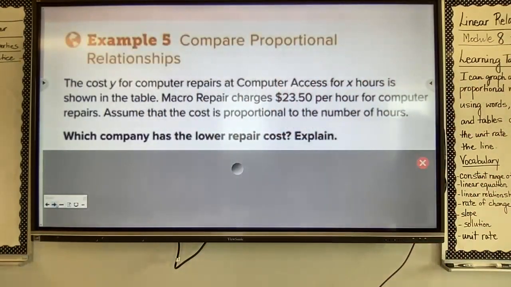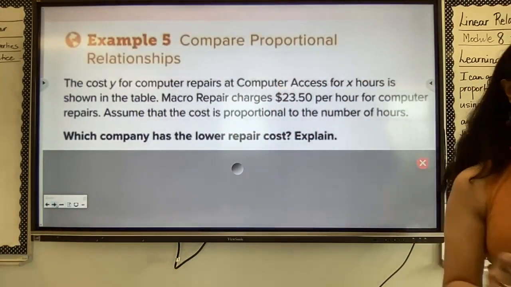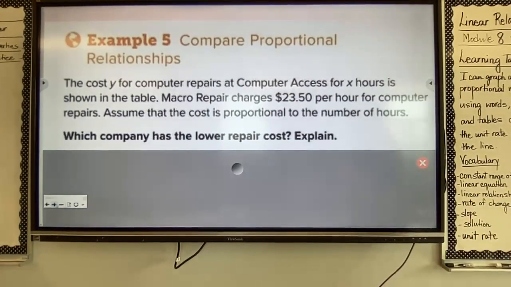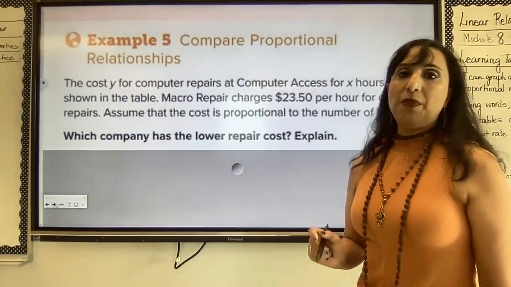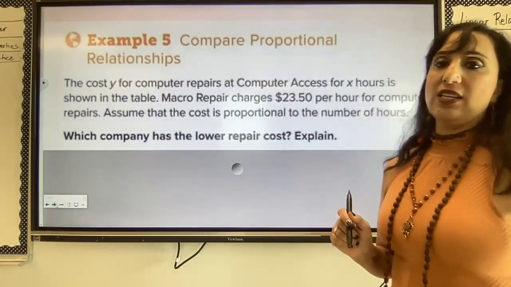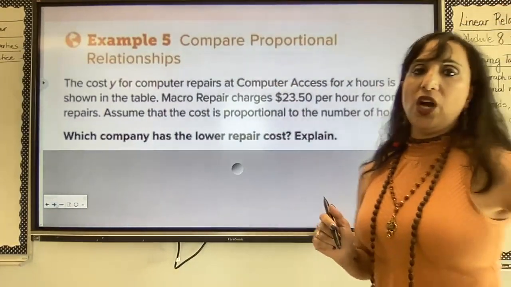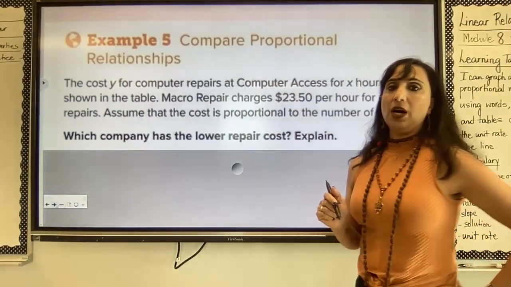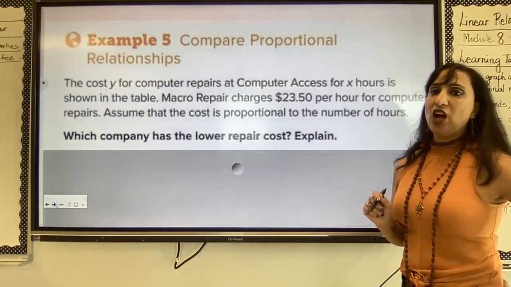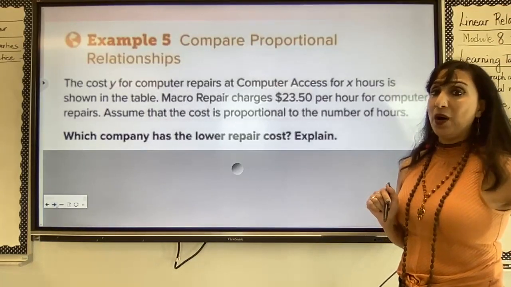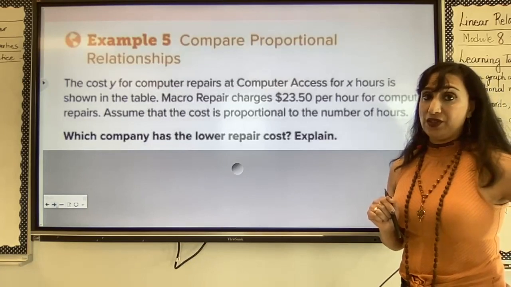Here, compare proportional relationships again. The cost y for computer repairs at Computer Access for x hours is shown in the table. Macro Repair charges $23.50 per hour for computer repairs.